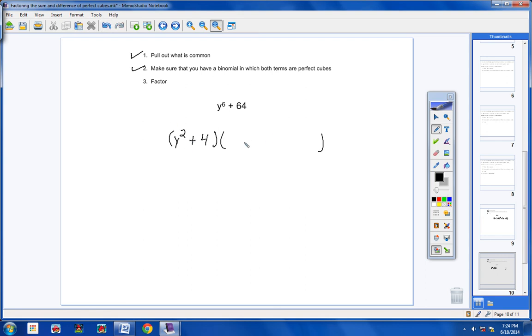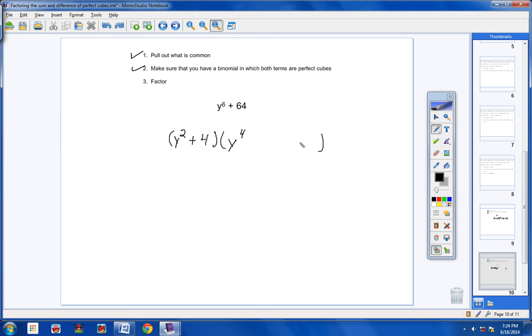Now remember, over here we're going to have three terms. A first term, a middle term, and a last term. So you take this first term here, y squared, and in your head you multiply it times itself. So y squared times y squared would be y to the 4th. You put that right here. Now take this term here times itself.